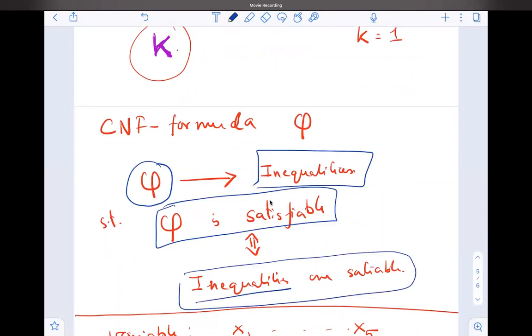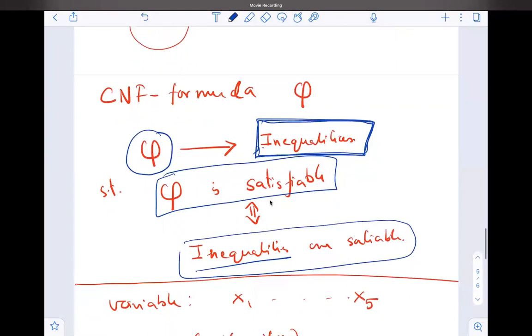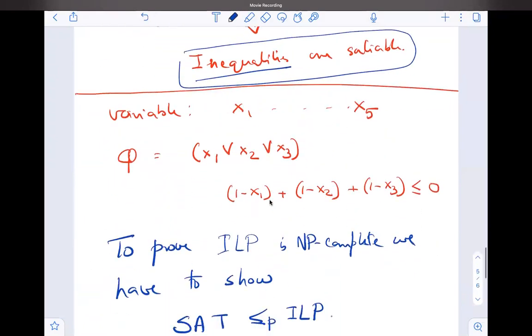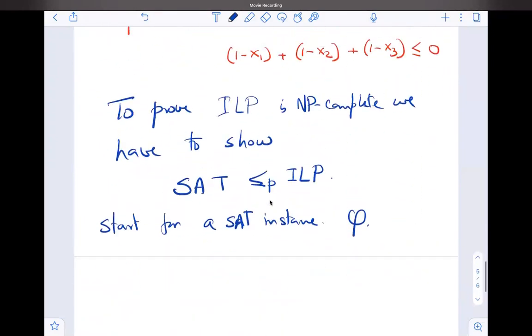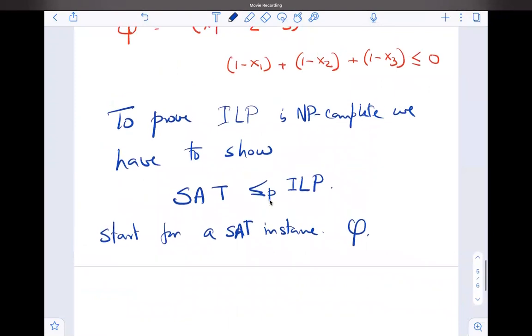What is this inequality? It's not any inequality, but the inequalities that are mapped by phi. Yeah, that is the actual range. So you start from a SAT instance and then you try to write an ILP instance.